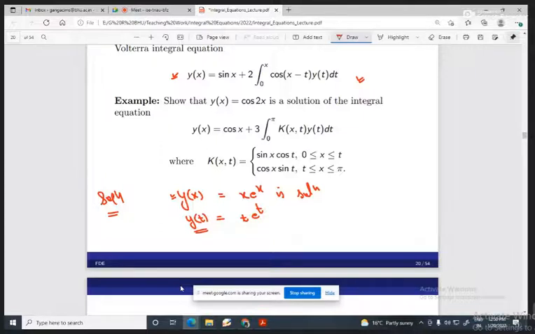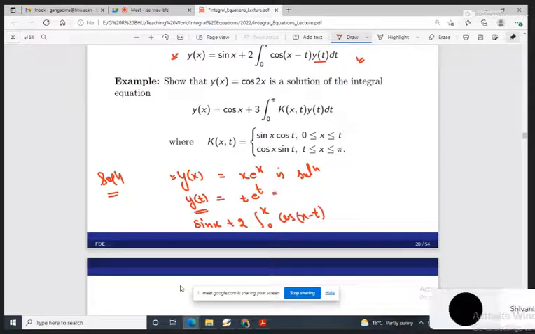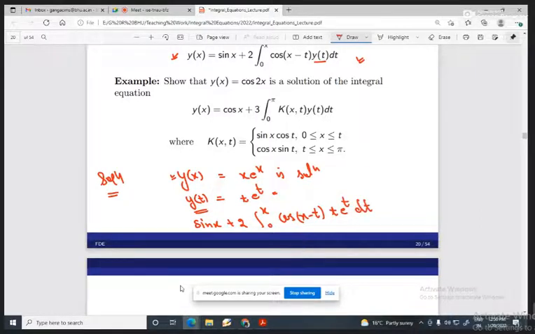Then we can write sin x plus 2 integrating from 0 to x of cos(x − t), and the value of y(t) is t e^t, into dt.